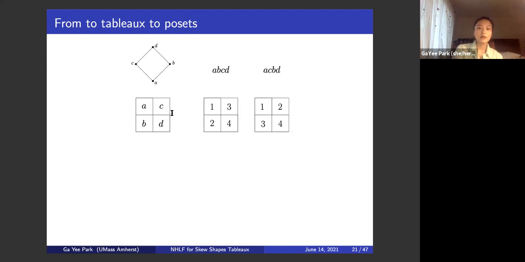So the very fact that the insertions of B and C must be greater than A, but less than D in terms of standard Young tableau is equivalent to the fact that elements B and C must come after A and before D in terms of linear extensions in the posets.